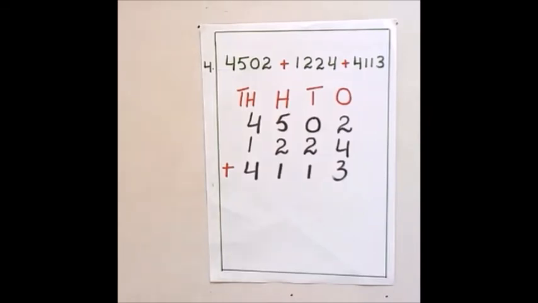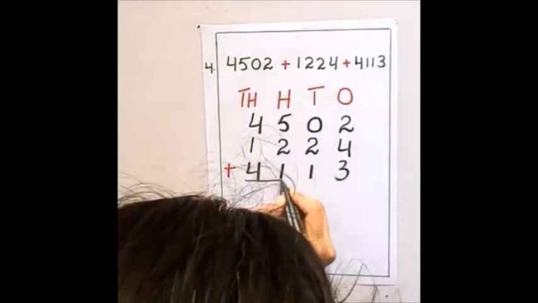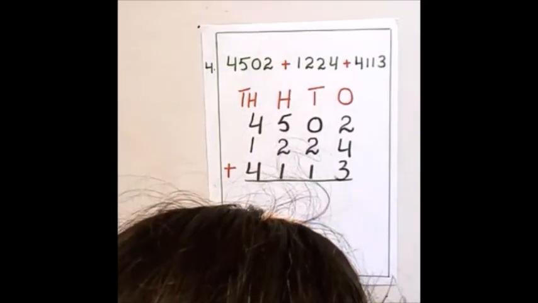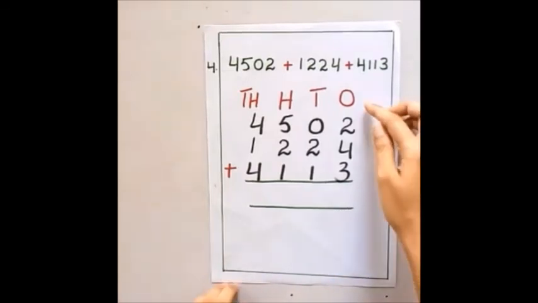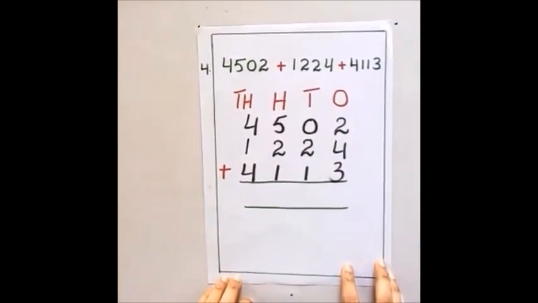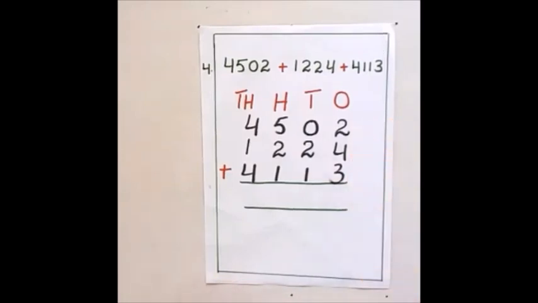So let us start from the ones place. In the ones place there are 3 numbers, and these numbers are 2, 4 and 3. So 2 plus 4 plus 3 is 9.